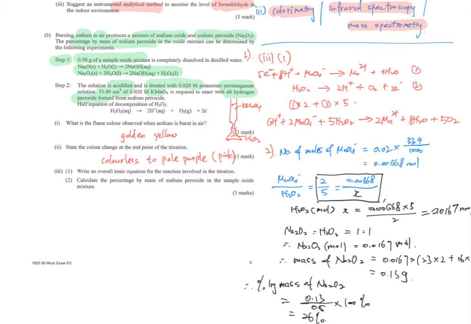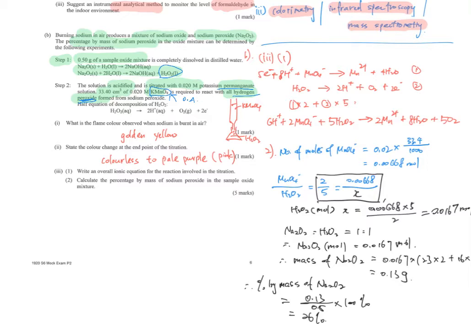That means the titration is the reaction between the permanganate ion and the hydrogen peroxide. Okay, so hydrogen peroxide and potassium permanganate. This is a redox titration because KMnO4 is the oxidizing agent. Okay, it's the oxidizing agent.